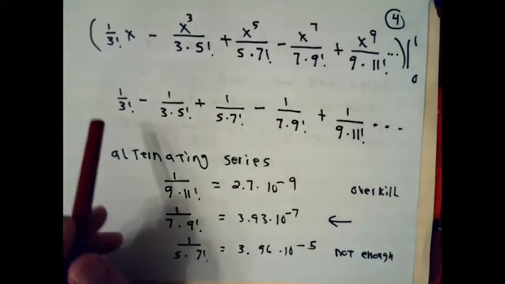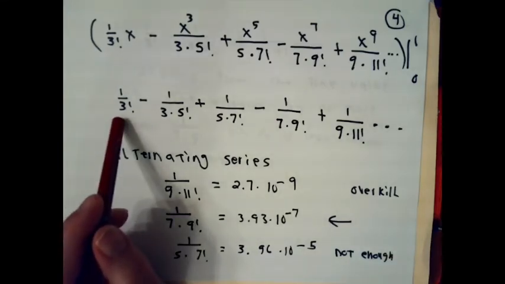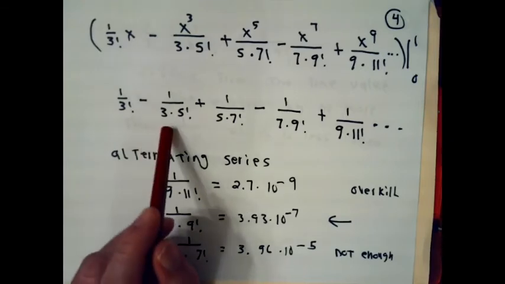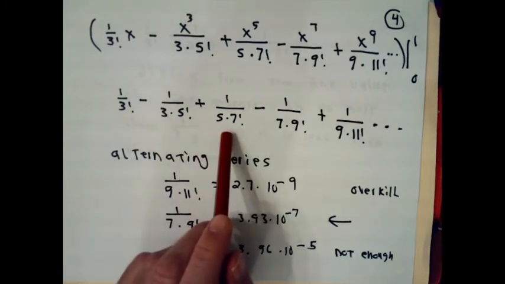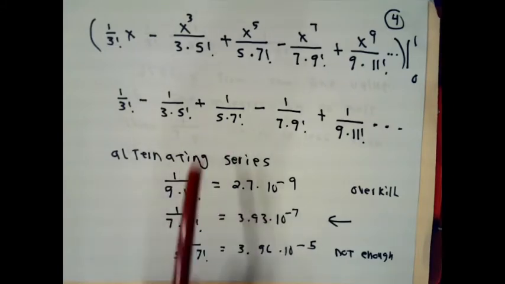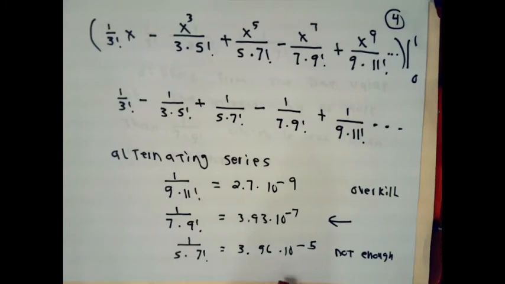What if I only kept the 1 over 3 factorial and the 1 over 3 times 5 factorial? Then the error is no worse than 1 over 5 times 7 factorial, and that's 3.96 times 10 to the minus 5. The alternating series test does not guarantee me then that the error is less than 10 to the minus 6.